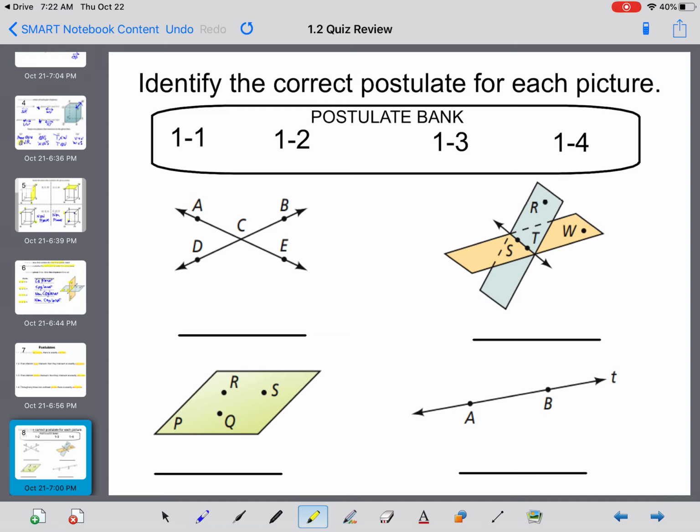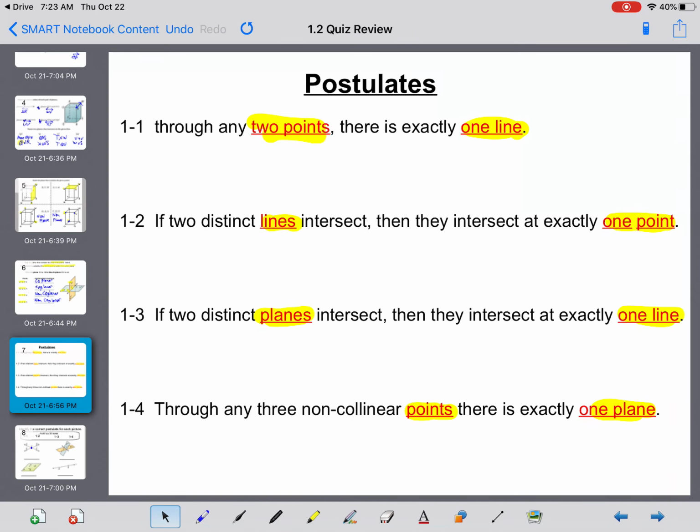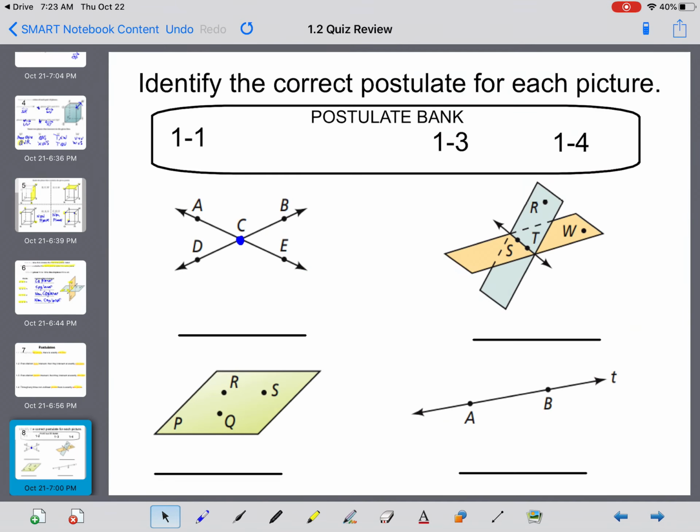Okay, so what they want you to do is to identify the correct postulate for each picture. Well, this is 2 lines intersecting at exactly 1 point C. And that looks like 1-2. On the picture on the right, I see 2 planes intersecting to create exactly 1 line at their intersection.